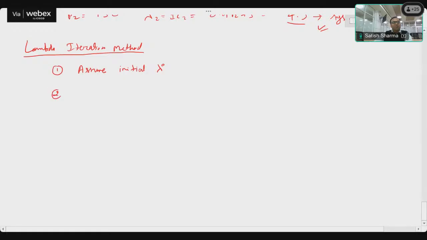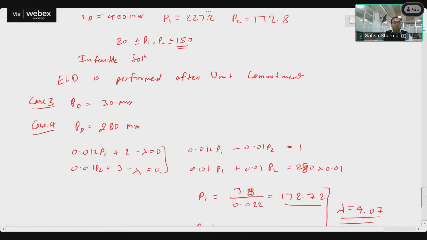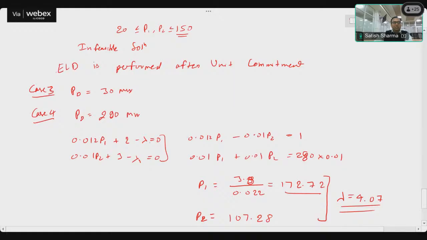Then we can calculate the power outputs, and you can see these are the formulas. If I look at this first condition, I can calculate P1 as lambda minus 2 divided by 0.012.